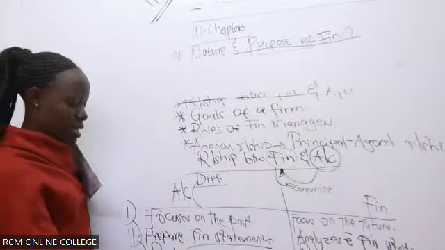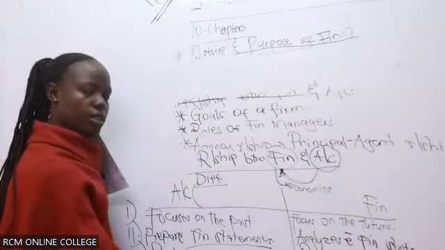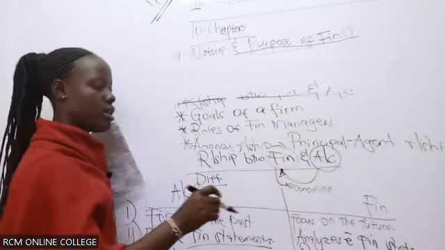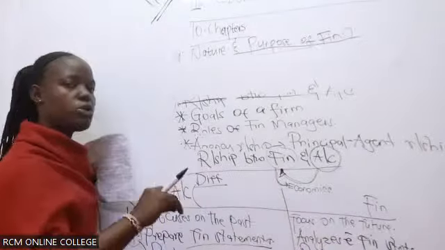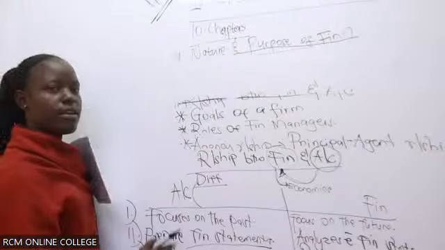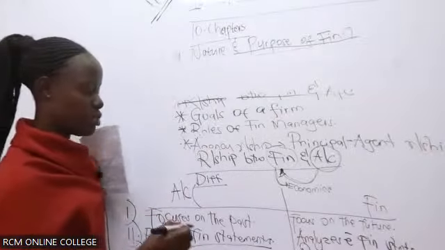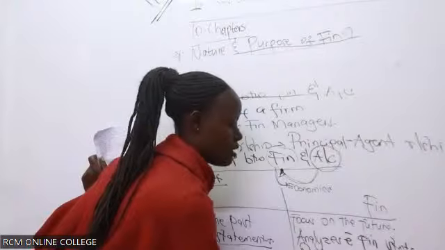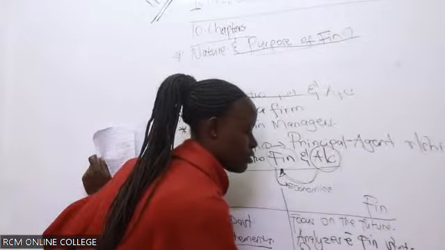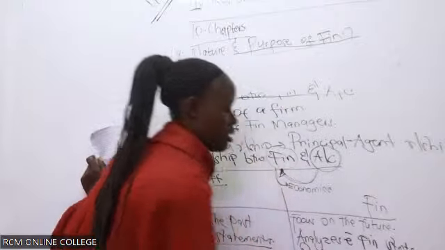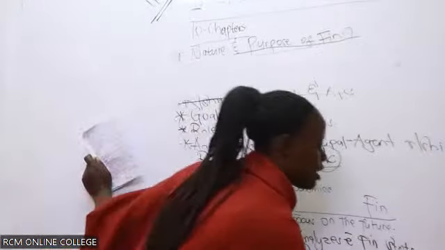So accounts will keep the records that track the business transactions, while finance will use the records from the accounts department to make financial decisions.